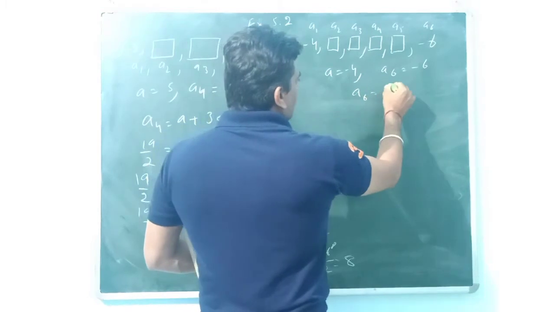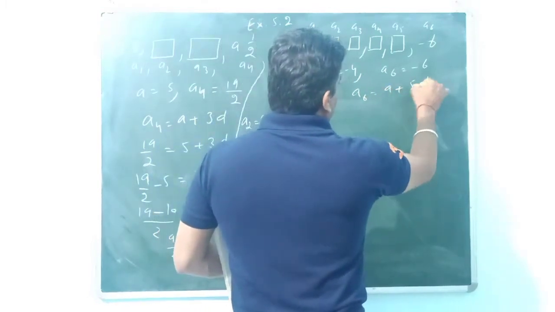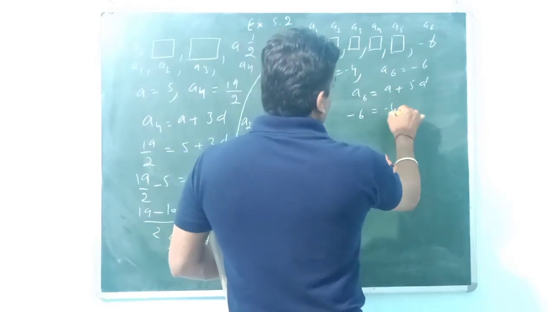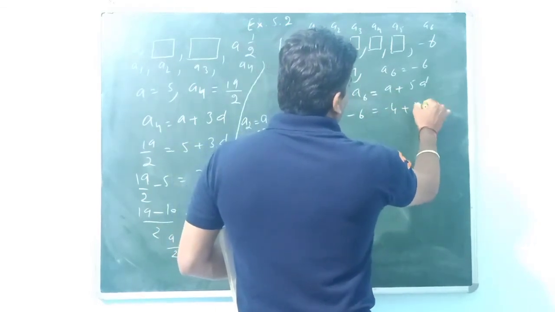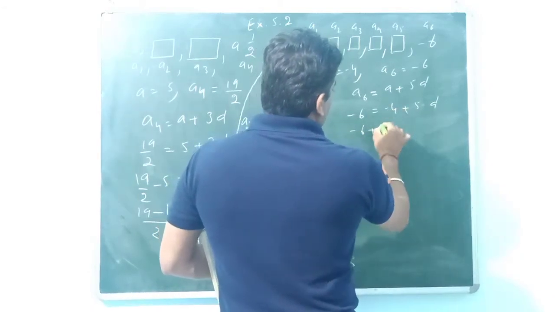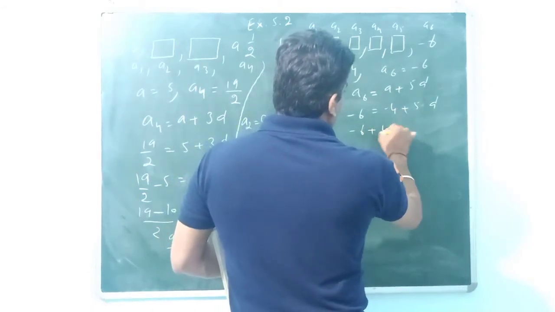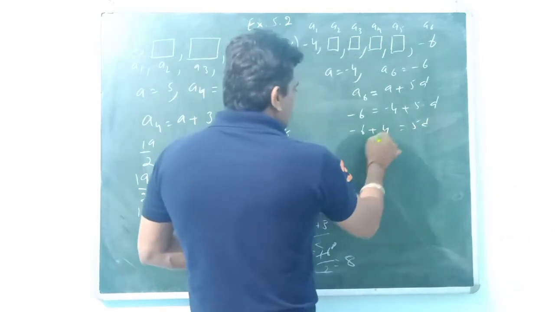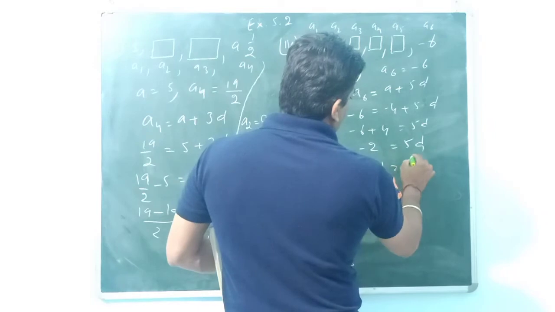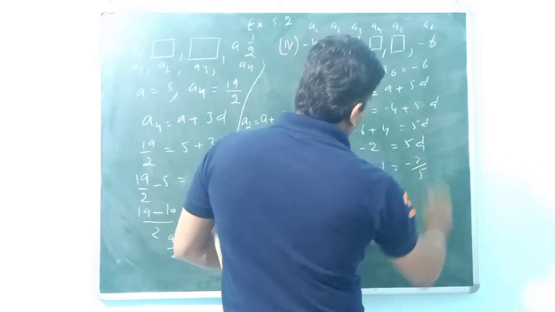A6 equal to A plus 5D. Minus 6 equal to A is minus 4 plus 5 into D, or 5D. Minus 6 plus 4 equal to 5D. This becomes minus 2 equal to 5D and D becomes minus 2 by 5.